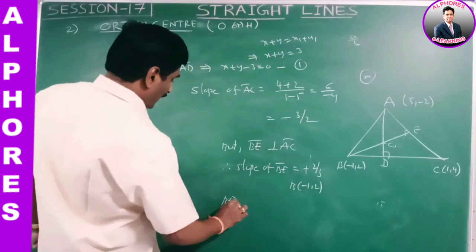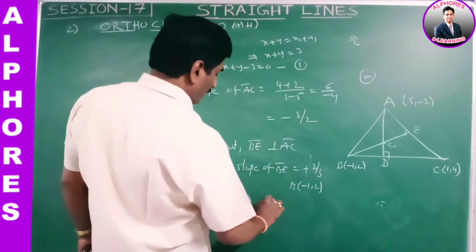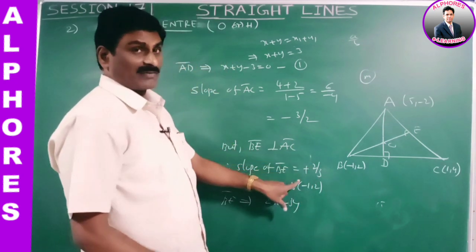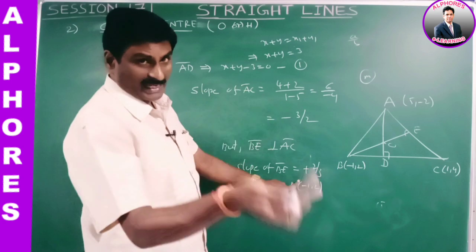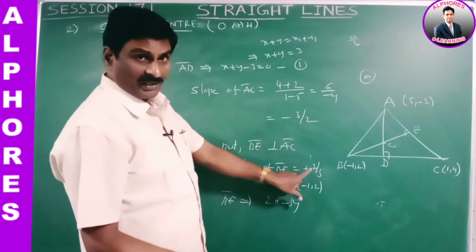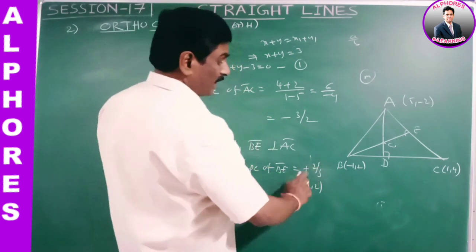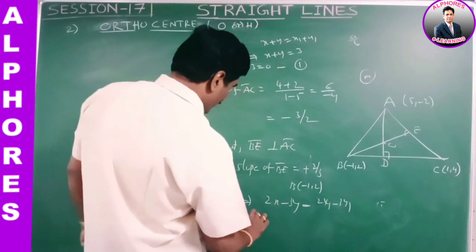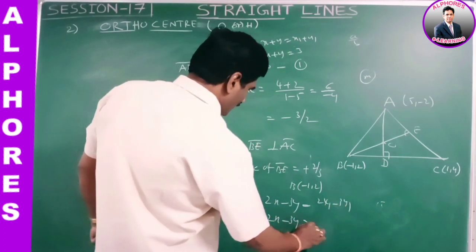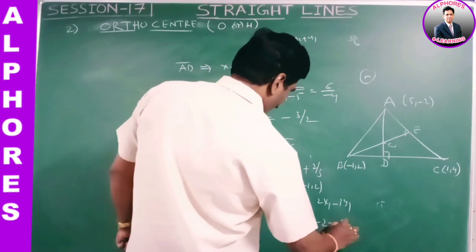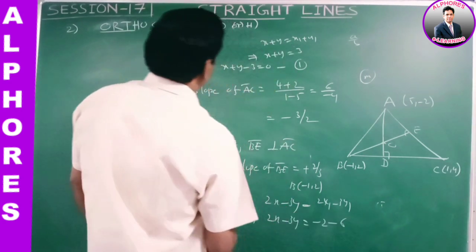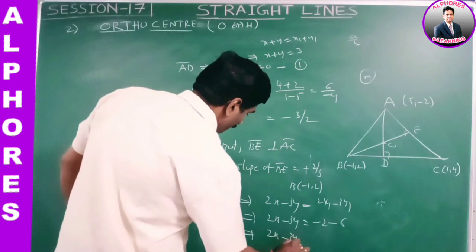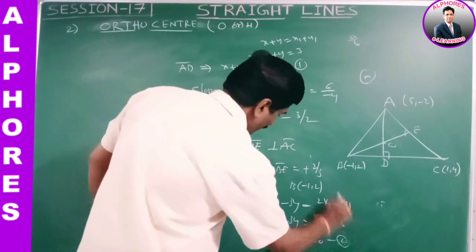The equation of the line BE: if the slope is a by b, what is the equation? y minus y1 is equal to m into x minus x1, or by the direct formula, ax minus by is equal to ax1 minus by1. That means 2x minus 3y is equal to minus 2 minus 6, that means minus 8. So the equation is 2x minus 3y plus 8 is equal to 0. It is equation number 2.